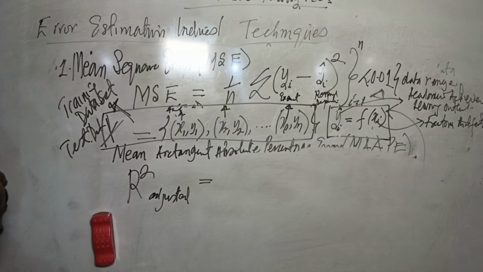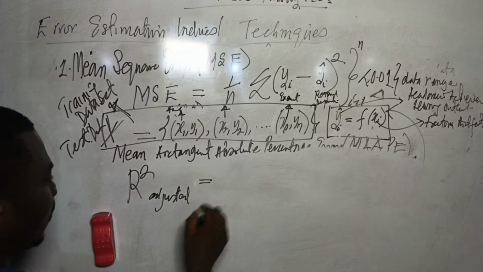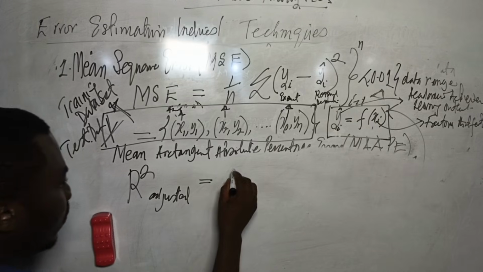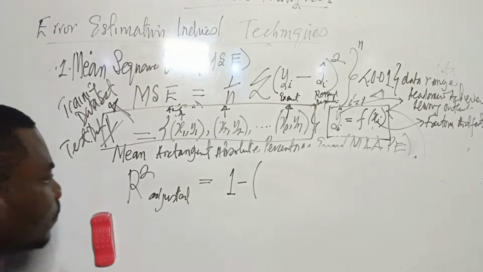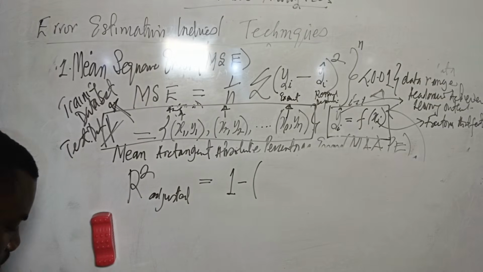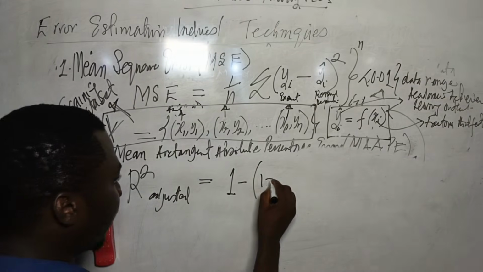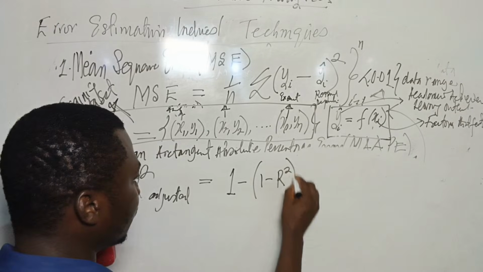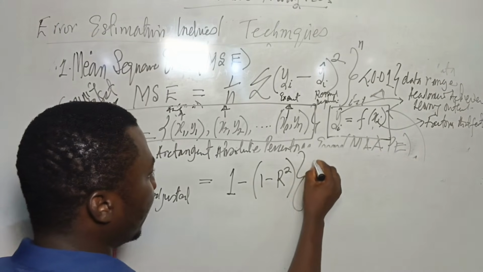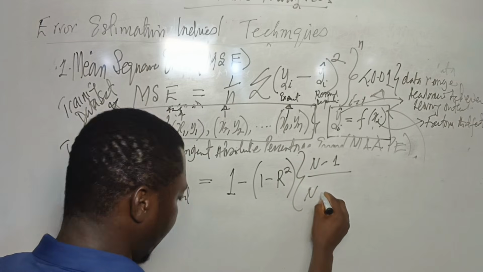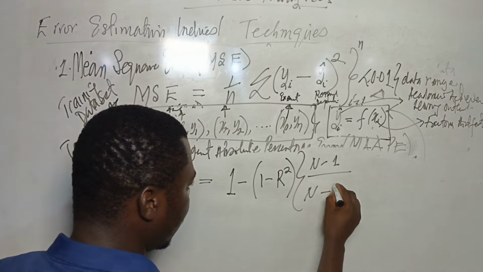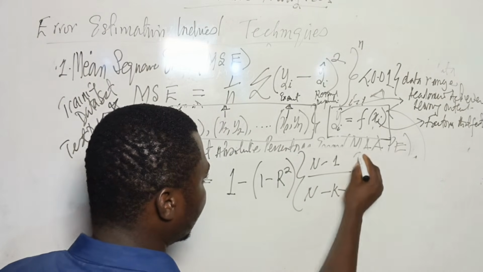So it is defined based on the coefficient of determination as 1 minus, open bracket, 1 minus R squared, close bracket, then you multiply it by n minus 1 divided by n minus k minus 1.